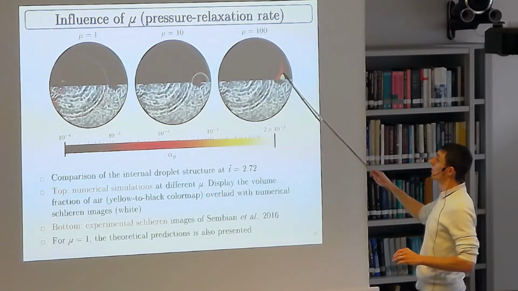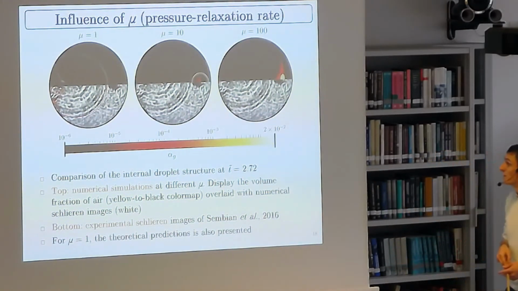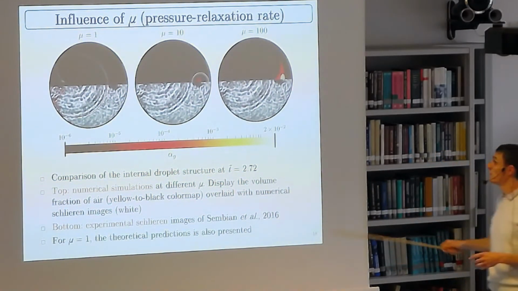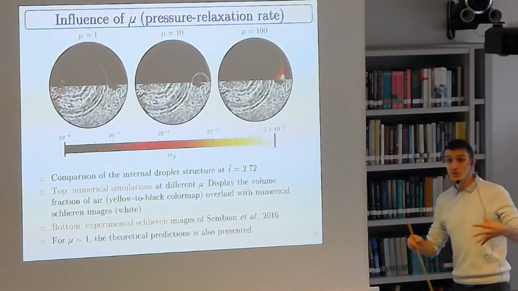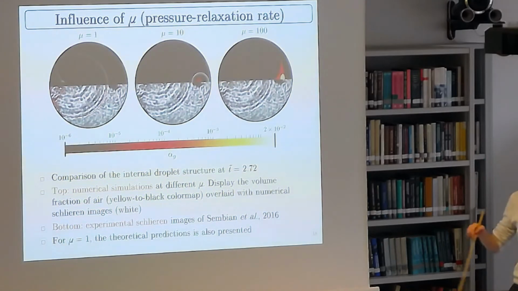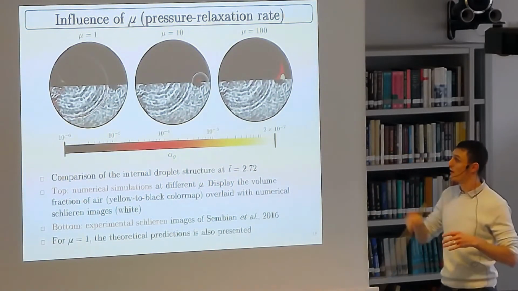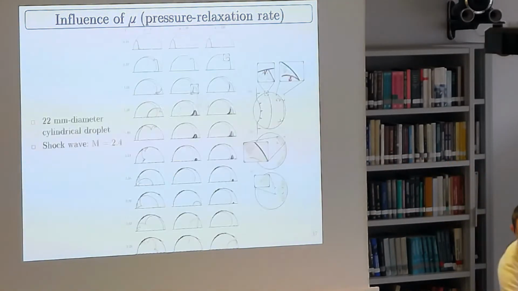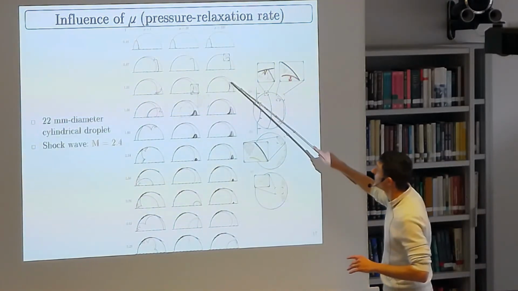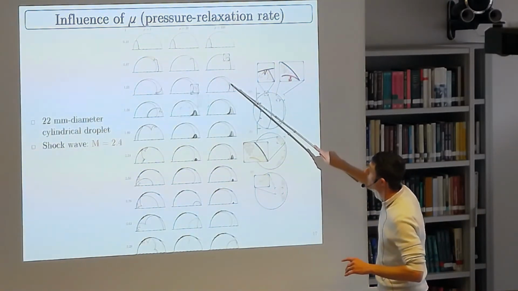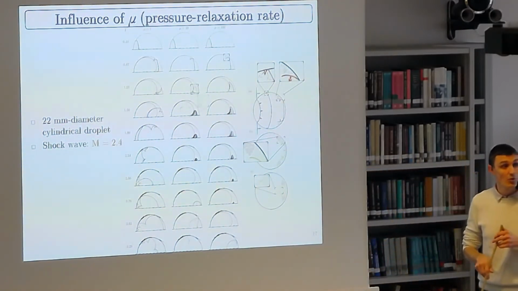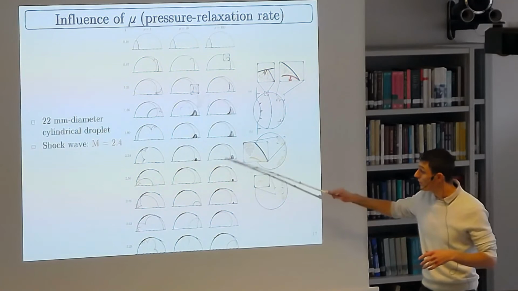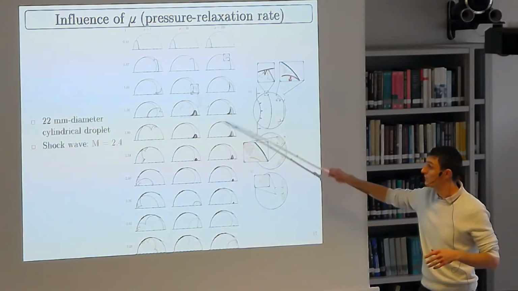If you go to what is historically done, with mu equal to infinity, those waves were completely absorbed, the tension waves that bounce back everywhere. I didn't really mention this, but here you see those waves are completely absorbed by the growing phase. So there is no tension wave anymore traveling within the droplet.